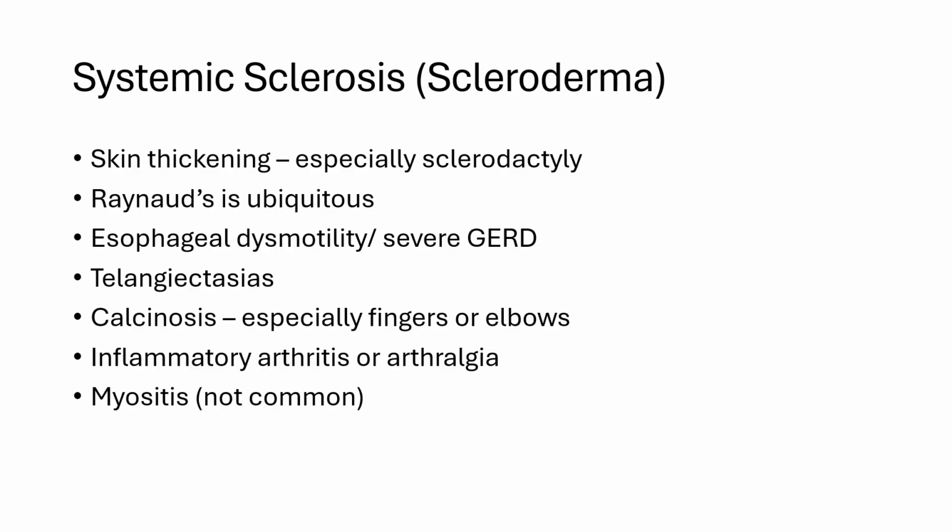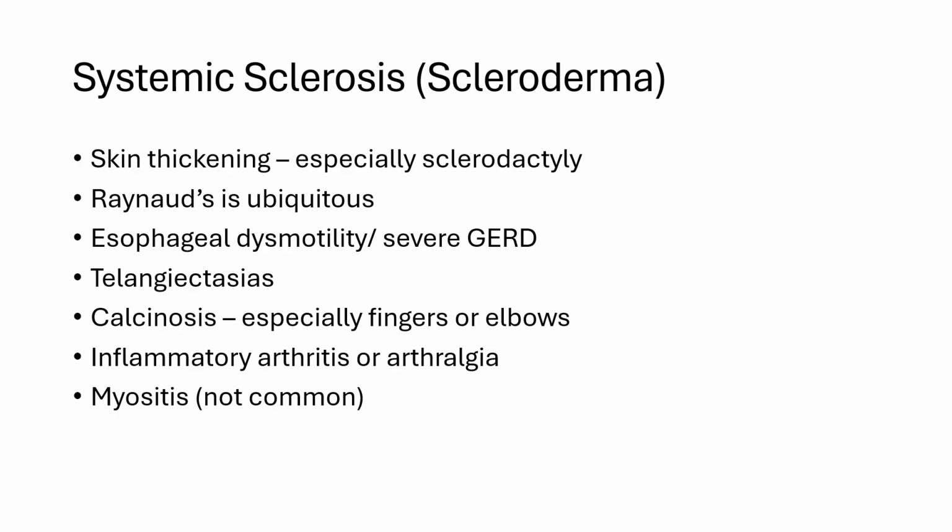Raynaud's is almost universal in systemic sclerosis, and if someone does not have Raynaud's, then you should really rethink the diagnosis of scleroderma. Esophageal dysmotility or severe GERD is also very common. Telangiectasias most commonly show up on the face or the chest, but they could happen other places as well.